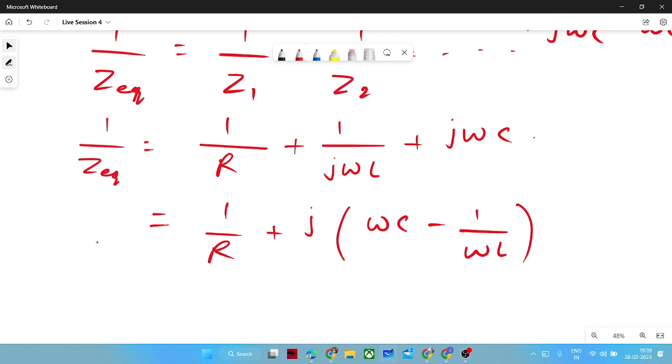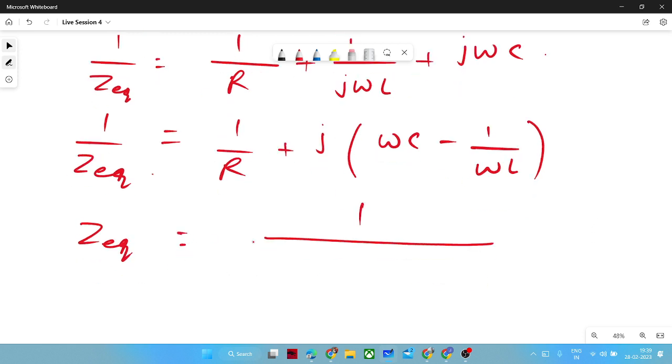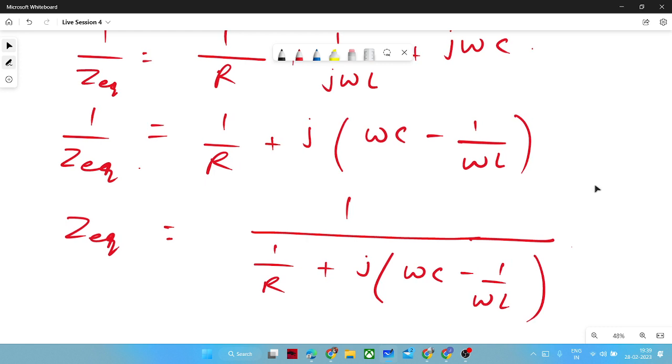So now this is your 1 by Z equivalent. If you want to write Z equivalent, it will be 1 by (1 by R plus j(omega C minus 1 by omega L)). So this will be your Z equivalent for the parallel circuit.